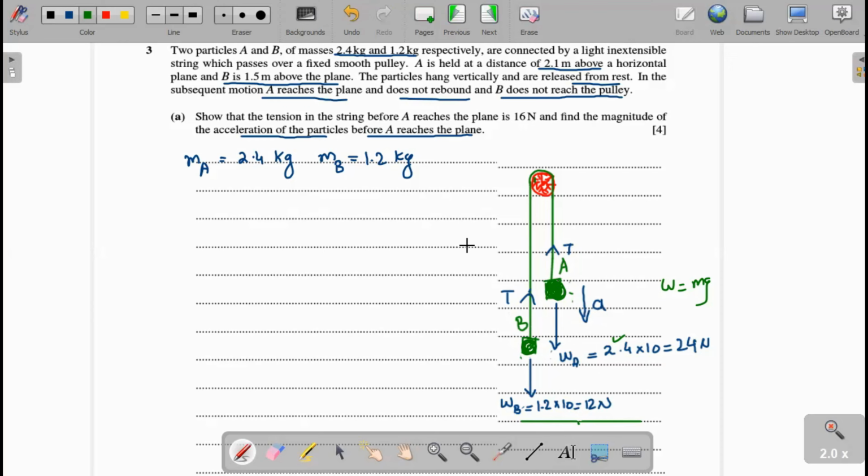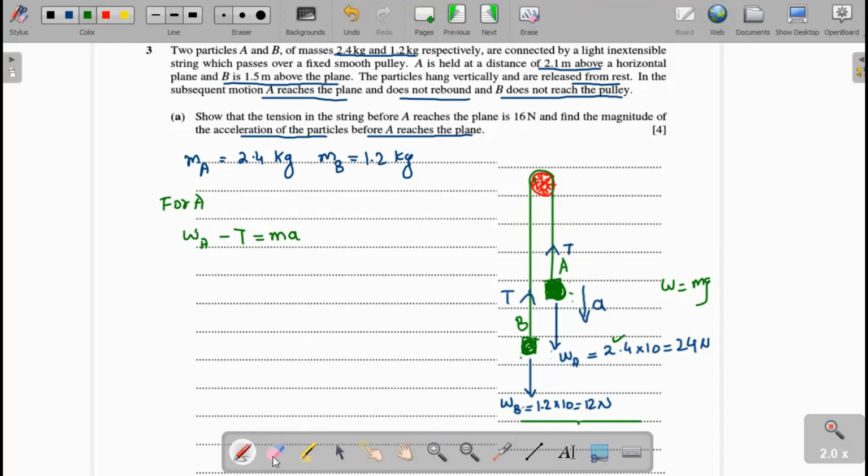Therefore, for the equation, the forces acting at A: one is the tension in the string, the other is the weight of particle A, that is WA, and WA minus the tension T is equal to the net force, that is equal to mA a.